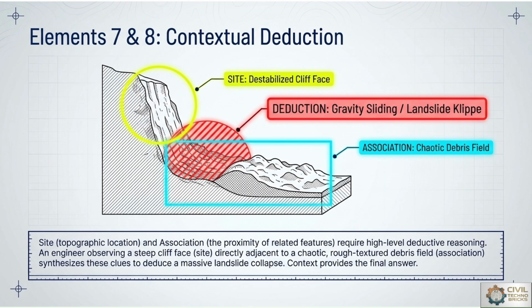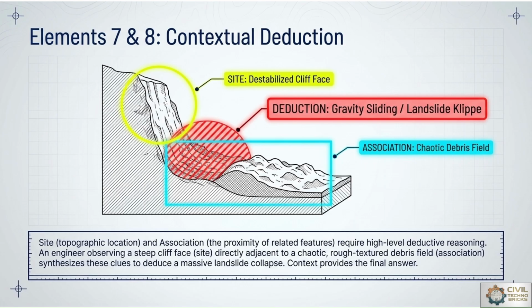Site is the topographic location, and association is the proximity of related features, which require high level deductive reasoning. An engineer observing a steep cliff face, that is site, directly adjacent to a chaotic, rough textured debris field, that is association, synthesizes these clues to deduce a massive landslide collapse.